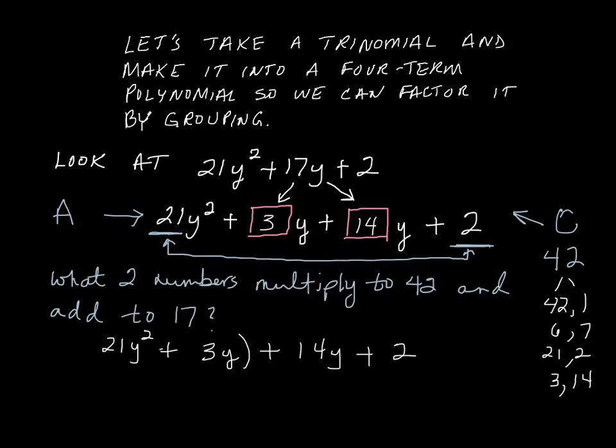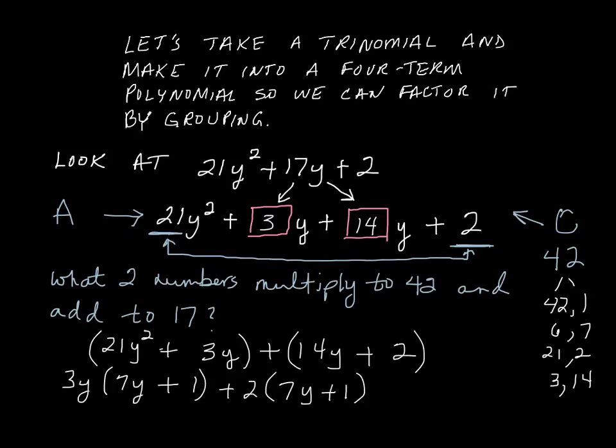Now we can group the first two and the second two, and we can factor out a 3y, and that will leave us a 7y plus 1. And over on the other side, we can factor out a 2, and it will leave us 7y plus 1. And then we factor out a 7y plus 1, and then we have 3y plus 2.